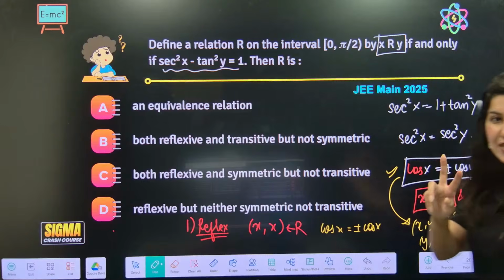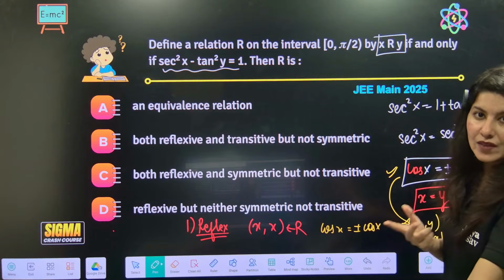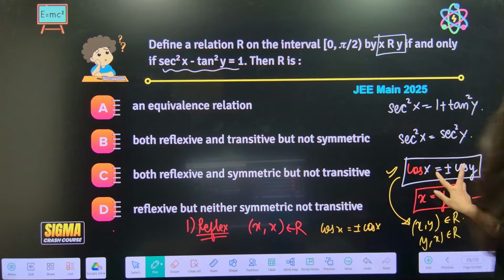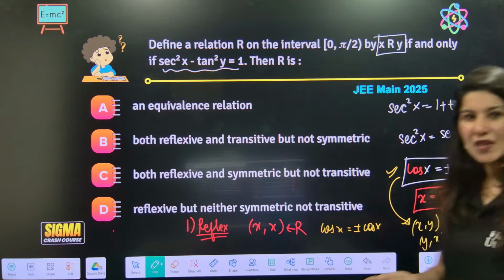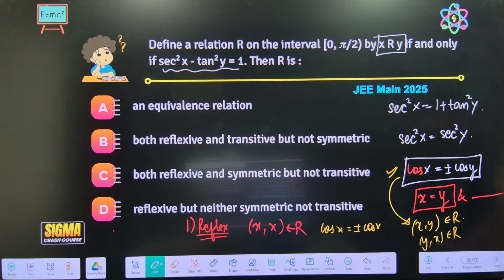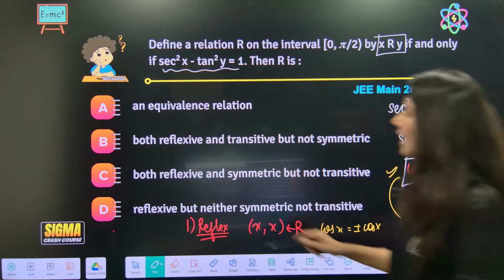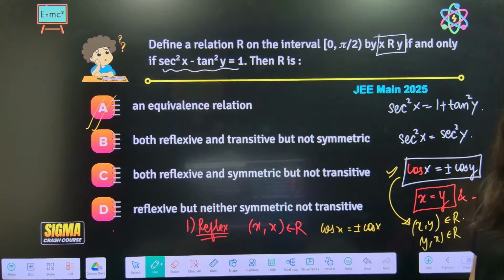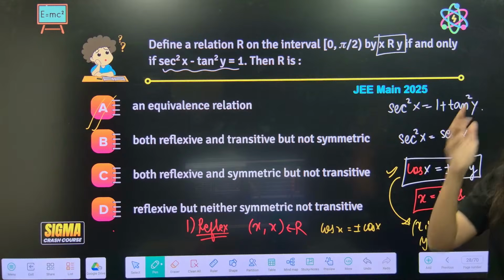All you have to do is interchange x and y. Are you getting another condition? No, you're getting the same condition. Mathematically it is the same. So symmetry is also there. Transitivity will also be there. If you do that, then option A will be absolutely right.